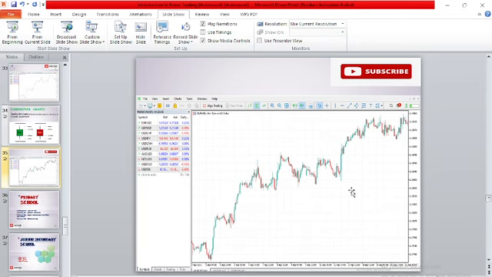The advantage of candlestick charting is that candlesticks are easy to interpret and are a good place for a beginner to start figuring out chart analysis. Candlesticks are easy to use.